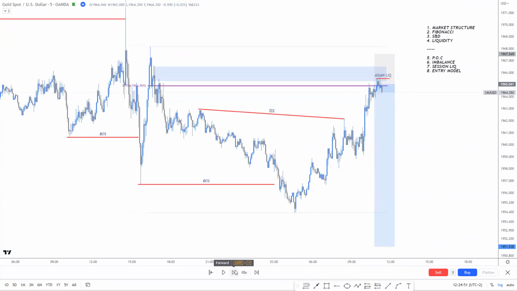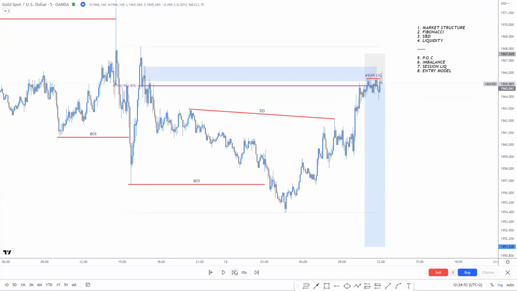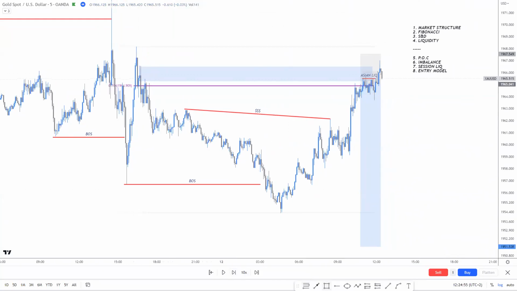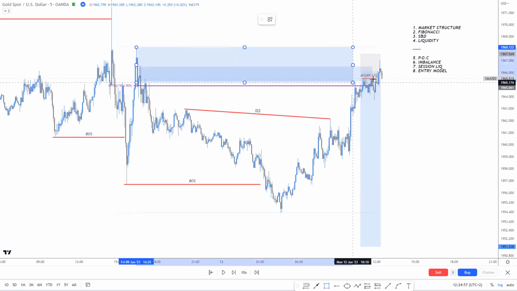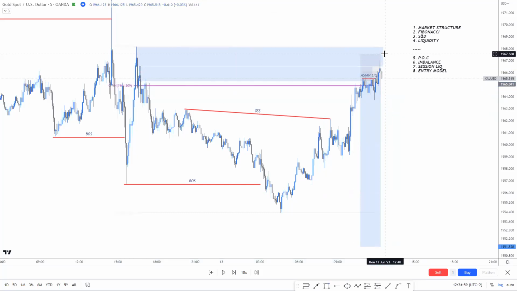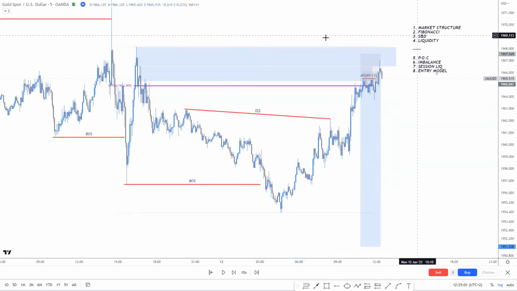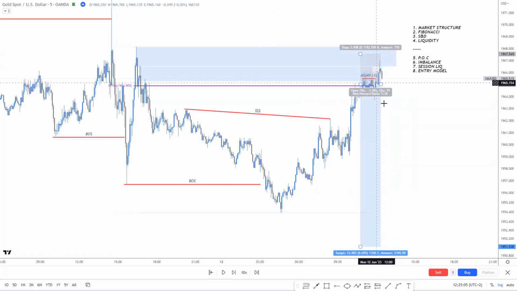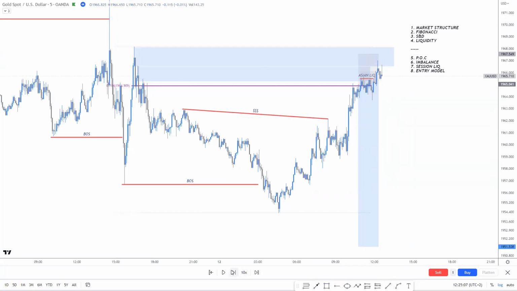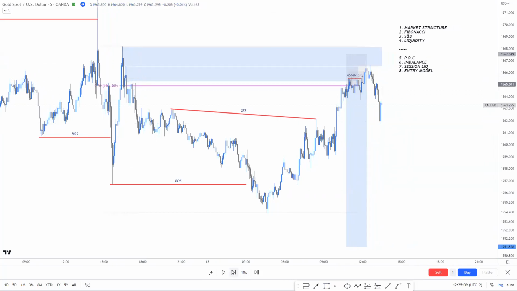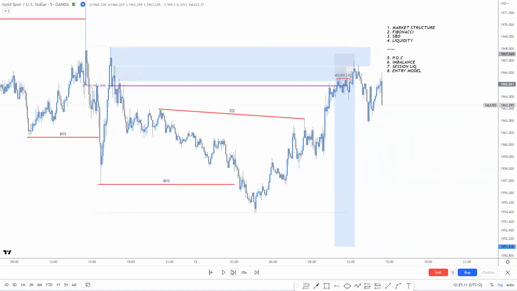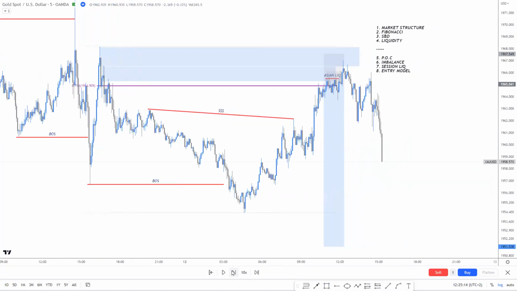So let's just play it out. Price, you see, finally came to this supply zone, to the extreme supply zone. Therefore, luckily, I accounted in my stop loss for price coming to this extreme supply zone. And yeah, finally, it ended up playing wonderfully.